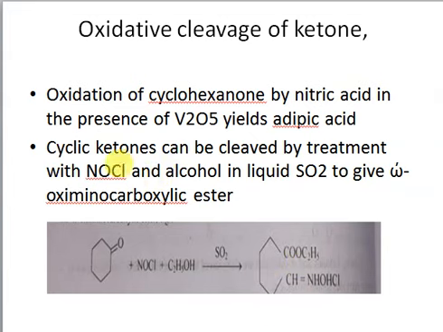If you are going for this oximino carboxylic ester, then you have to use bleach in presence of alcohol. However, if you just want the dicarboxylic acid, with carboxylic acid on both ends, then you have to go for nitric acid in presence of vanadium pentoxide.